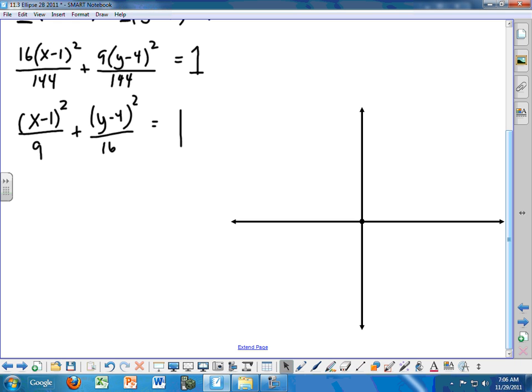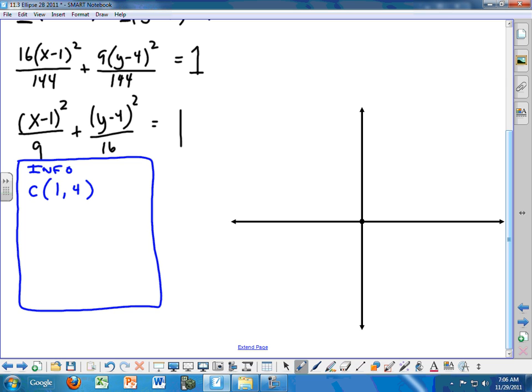That looks pretty good. Now we have a center coming from our values of h and k. The center is going to be 1, 4. And of course I begin this way making a little info box, and that is going to have all of the values that we're looking for in our ellipse.